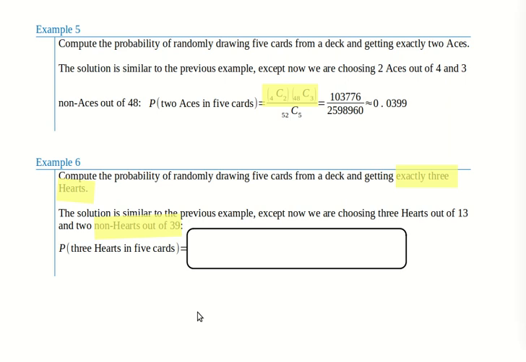So 39 choose 2. So let's take a look at how that looks in our equation. We're interested in choosing 3 of the 13 hearts. So 13 choose 3. We're interested in choosing 2 of the non-hearts. So 39 choose 2. Now let's actually do that in our calculators.